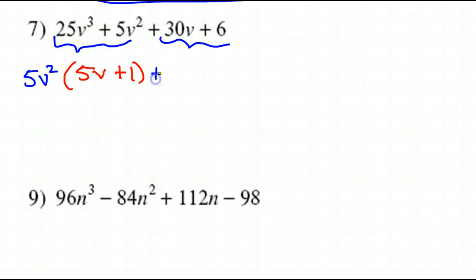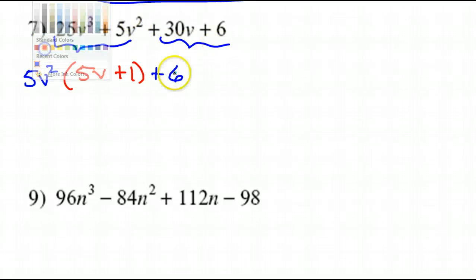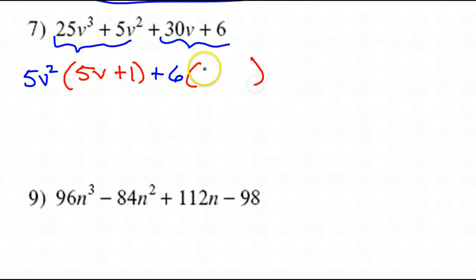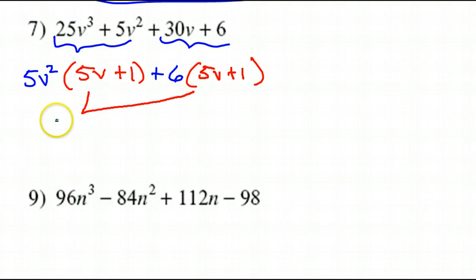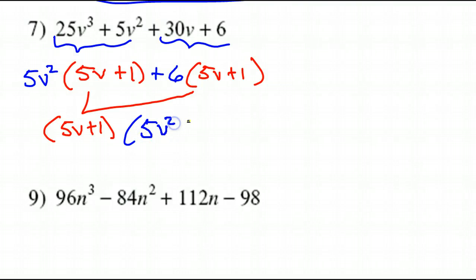Over on this one, the GCF is 6, and that's going to leave behind 5v plus 1. Oh, look, another coincidence. Let's bring this out, 5v plus 1. That leaves behind the blue stuff, which is 5v squared plus 6.